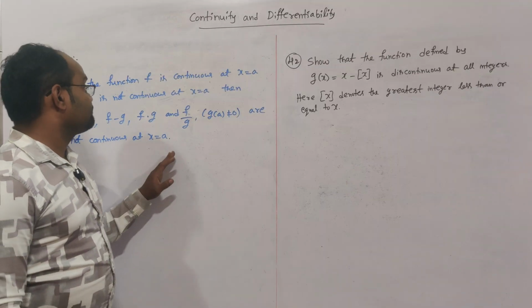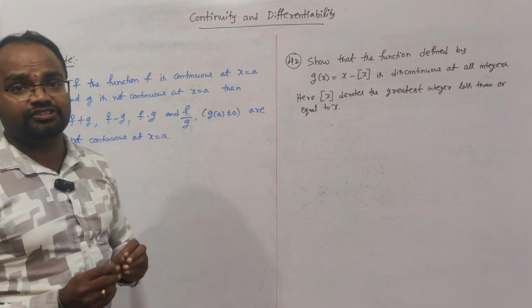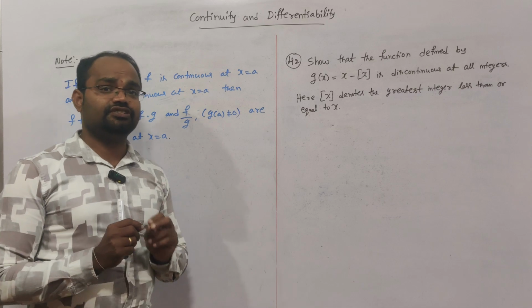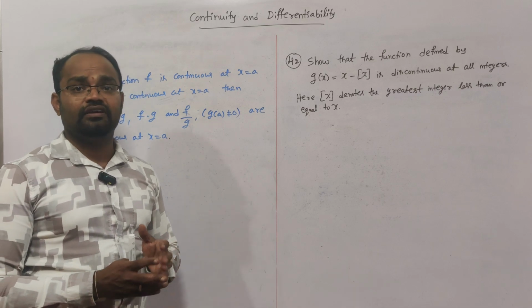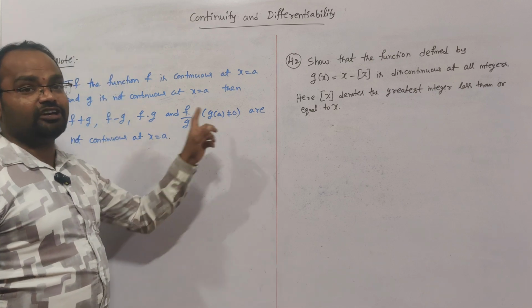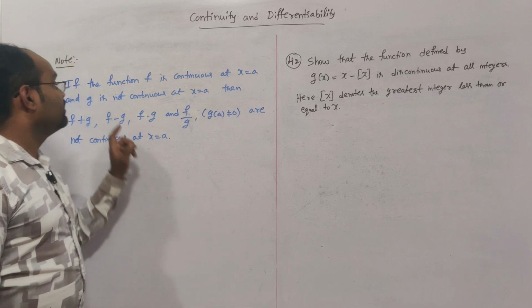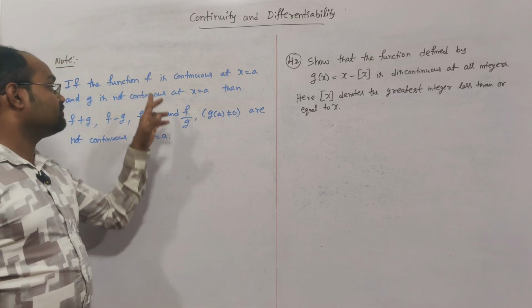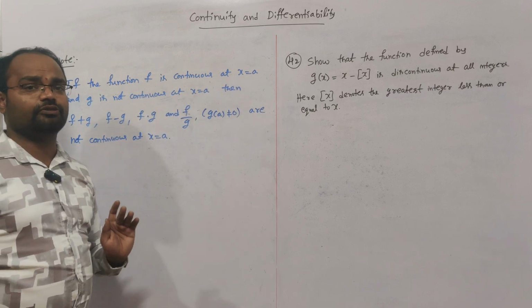Okay, observe this. We know that if both f and g are continuous functions, then f plus g, f minus g, f into g, and f divided by g, all those will become continuous. But what if any one of them is not continuous? Let us take f is continuous at x equal to a, g is not continuous at x equal to a.